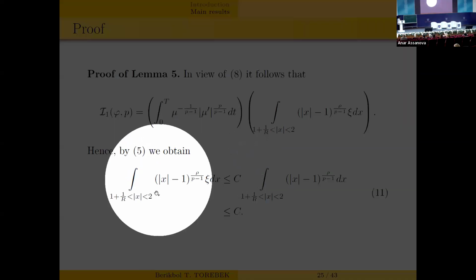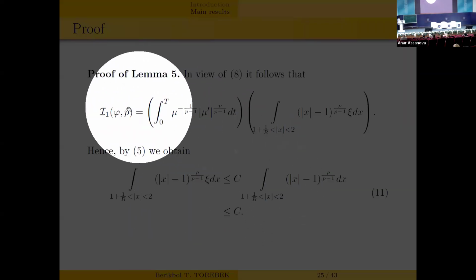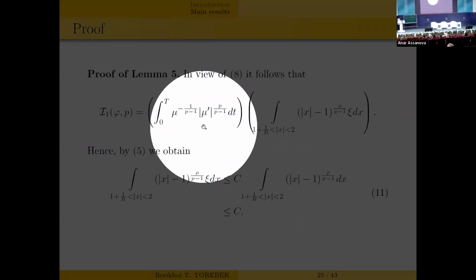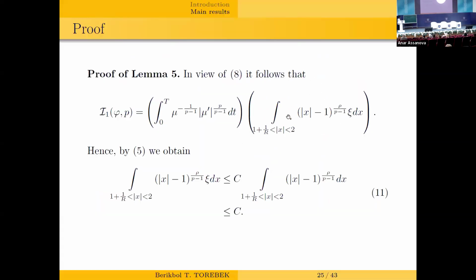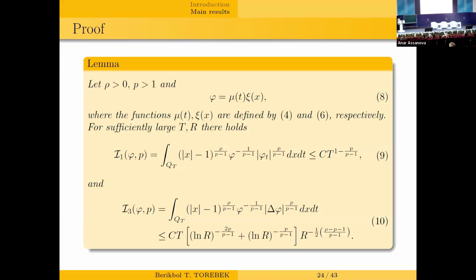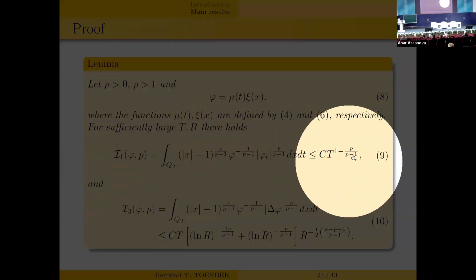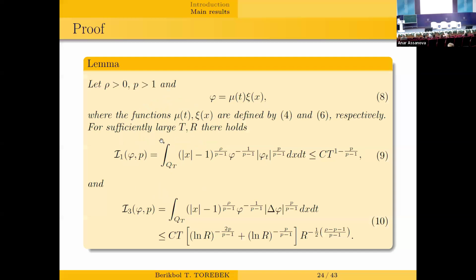Here we have this one, and using this factor, we can estimate this integral I2, this part. And finally, we have this formula, formula 9. And the estimate for I3 can be proved in a similar way. We will skip this proof.